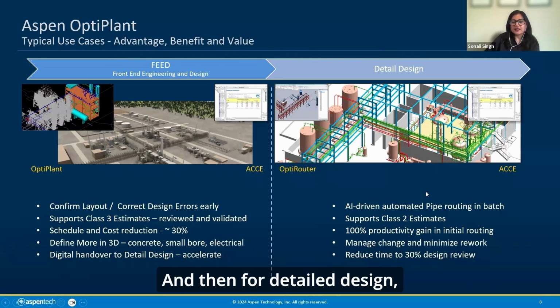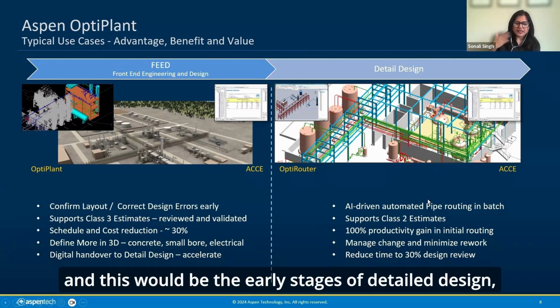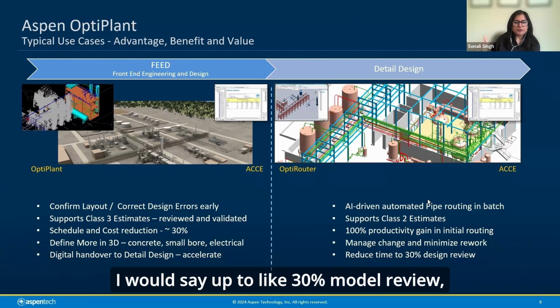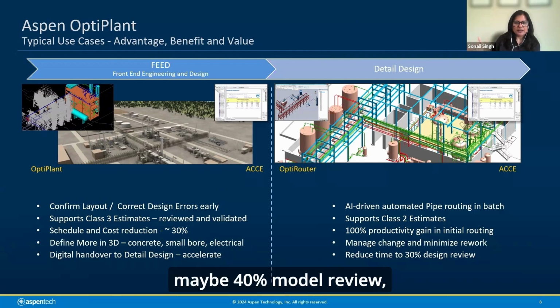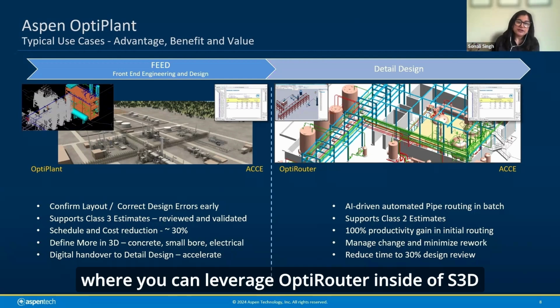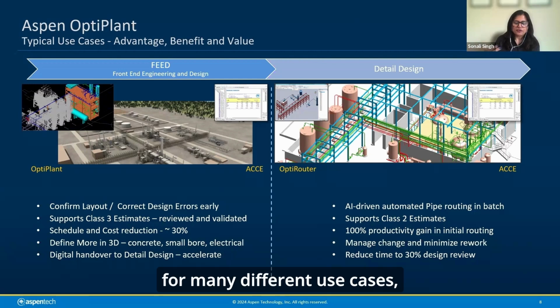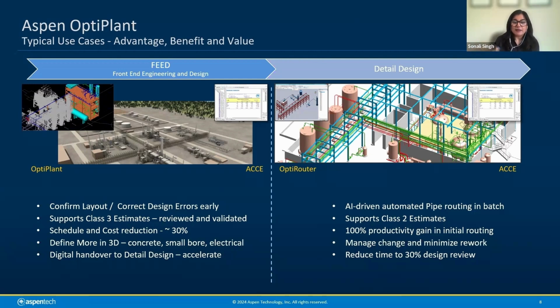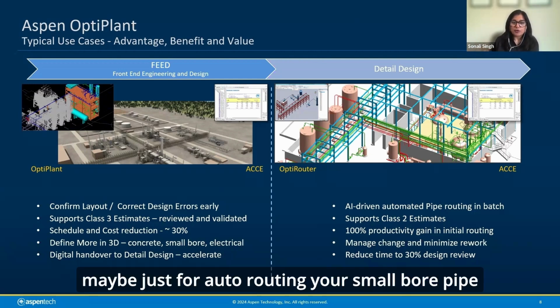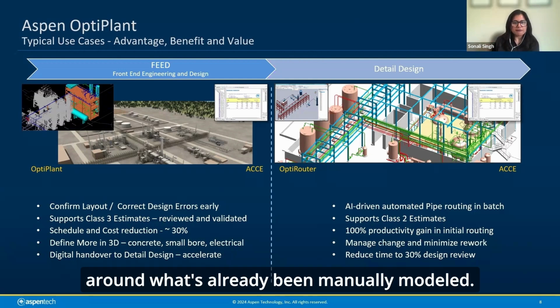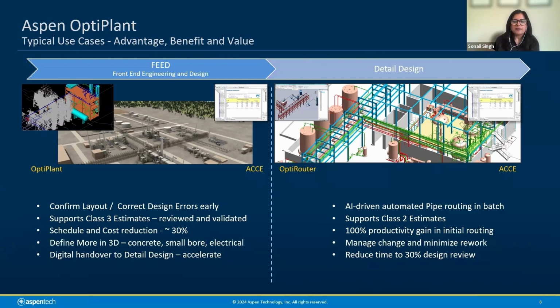And then for detailed design, and this would be the early stages of detailed design, I would say up to like 30% model review, maybe 40% model review, you can leverage OptiRouter inside of S3D for many different use cases, maybe just for auto routing your small bore pipe around what's already been manually modeled.